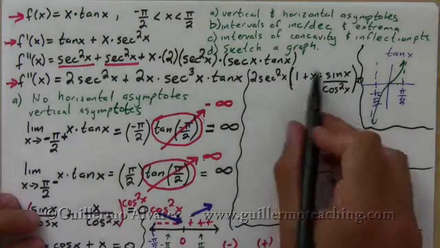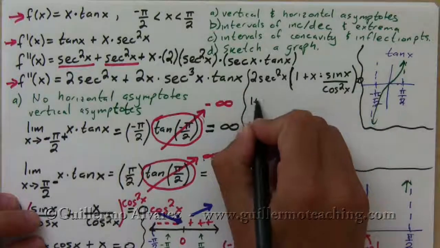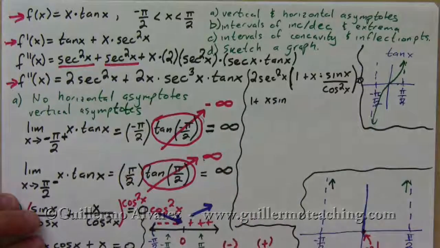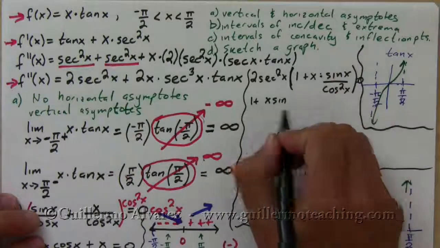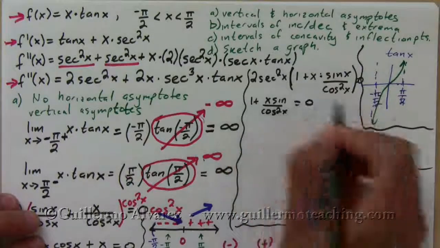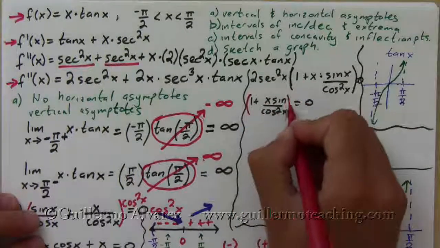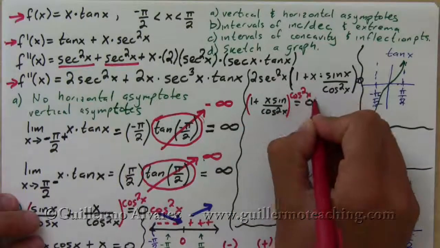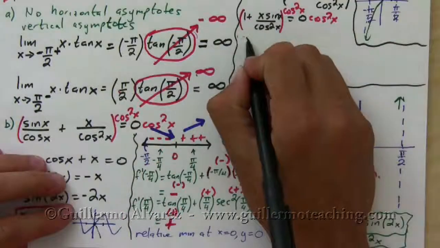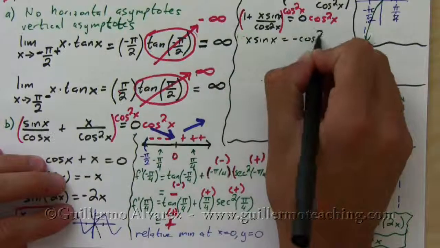So what I have to deal with is just the inside, set it equal to 0. So I have 1 plus x sine x over cosine squared x is equal to 0. Now if I multiply both sides by cosine squared x, what we end up getting is x sine of x is equal to negative cosine squared x.